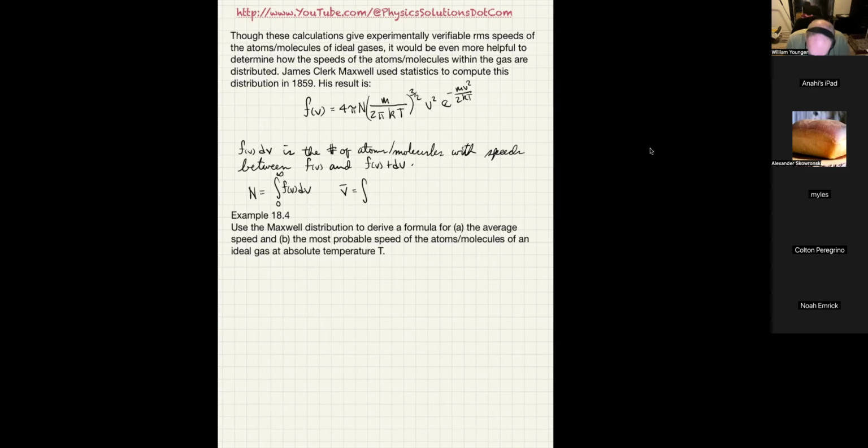So in this case, we would multiply by v times f of v dv and then integrate from 0 to infinity. Similarly, if we wanted the average of the square of velocities, we would integrate from 0 to infinity of v squared f of v dv.